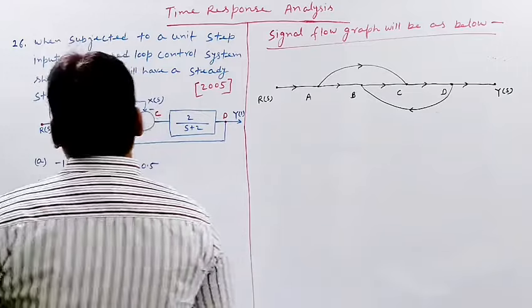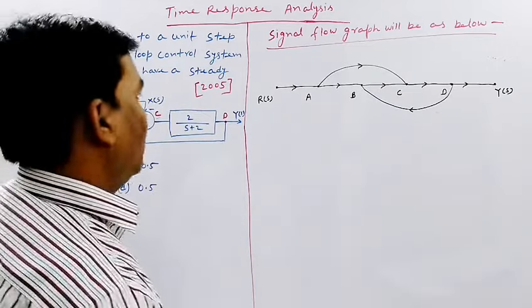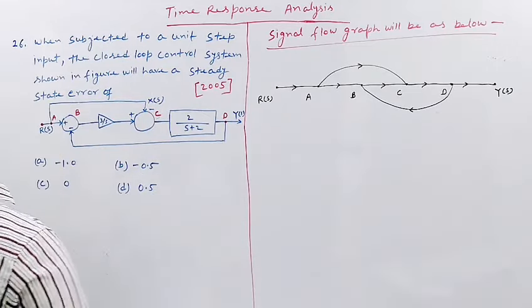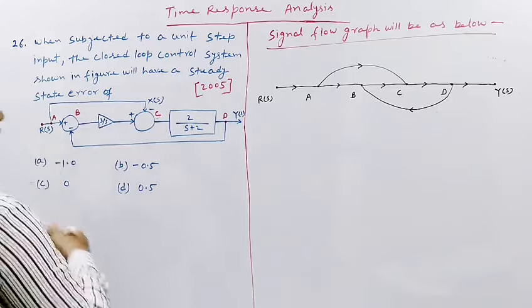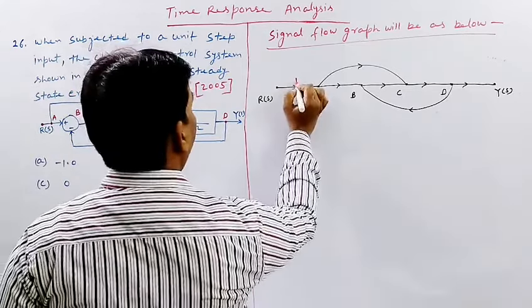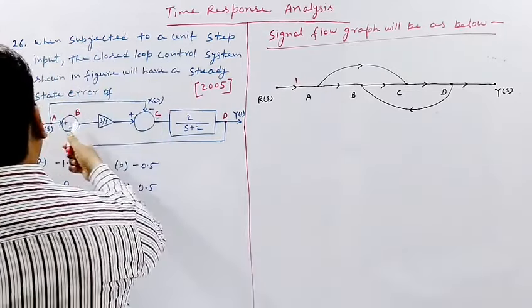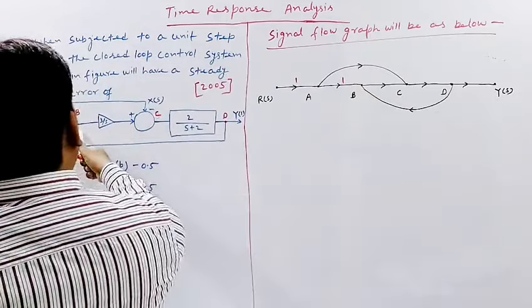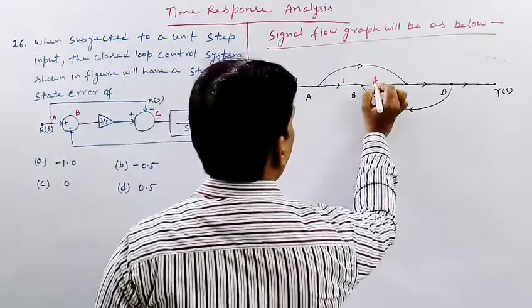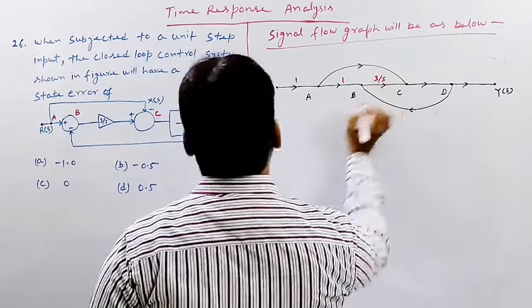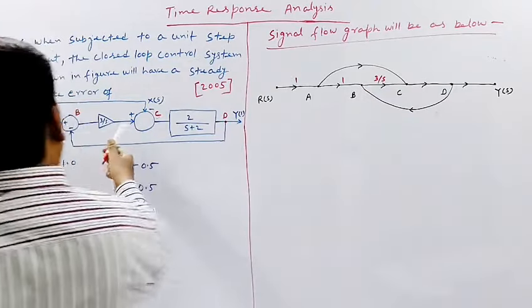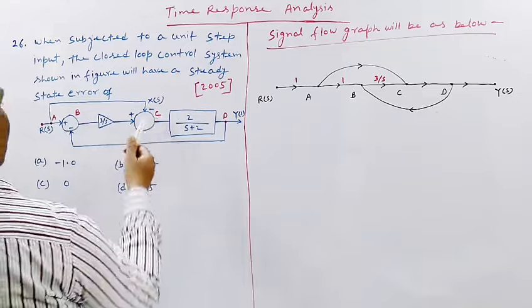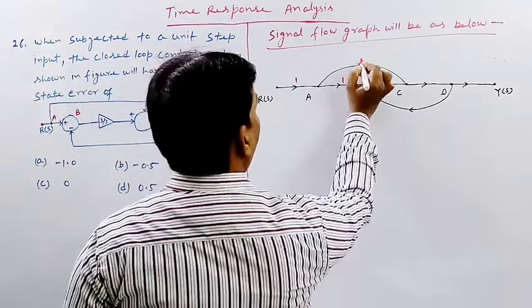Now let us denote the path gains of each branch. What is the path gain of each branch? Between R and A, path gain is 1. Between A and B, the path gain is 1. Between B and C, the path gain is 3/s. Between A and C, the path gain is 1.